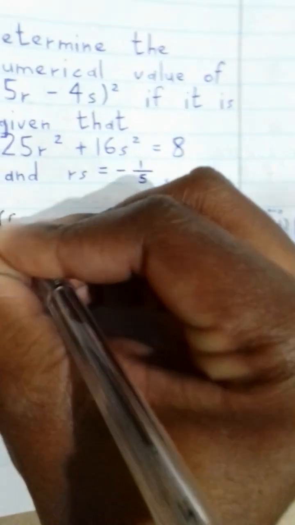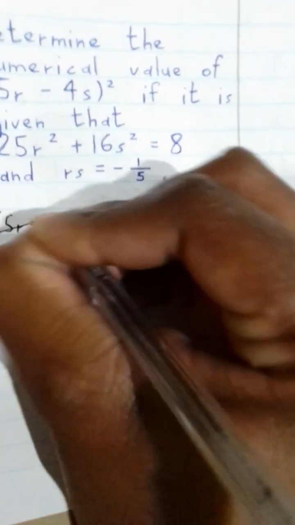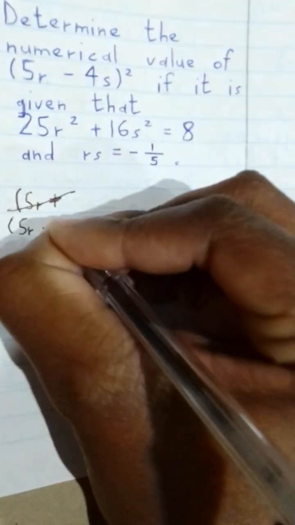5r minus 4s, squared. Repeat the bracket twice. 5r times 5r is 25r squared. 5r times negative 4s is minus 20rs.